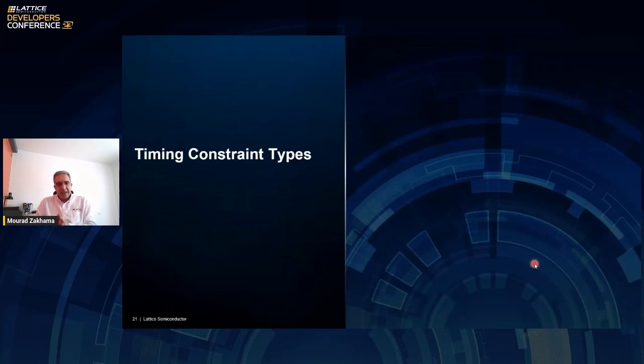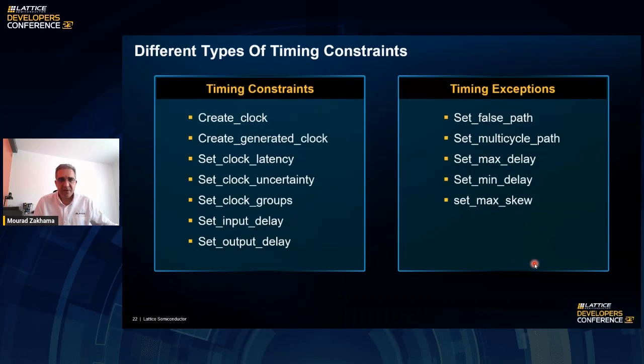Okay, so let's take a look at the timing constraint types. There are multiple types of timing constraints, and I group them in two categories. There are the timing constraints that allow you to constrain your design, like create clock. The create clock constraint allows you to identify a clock and constrain it to a certain value.